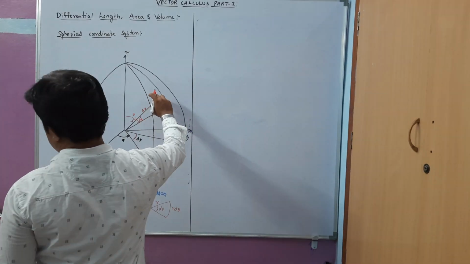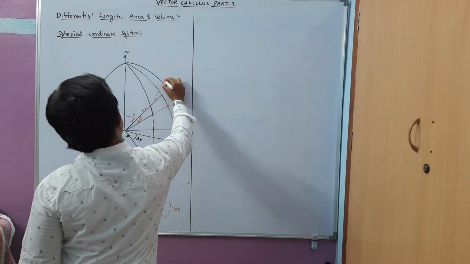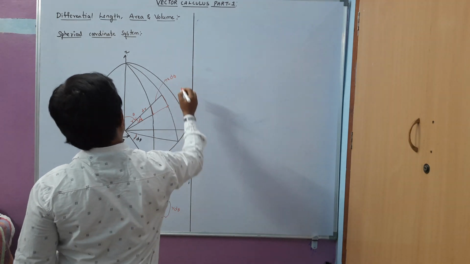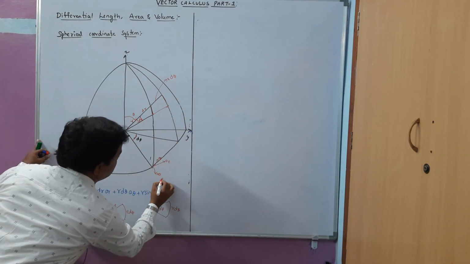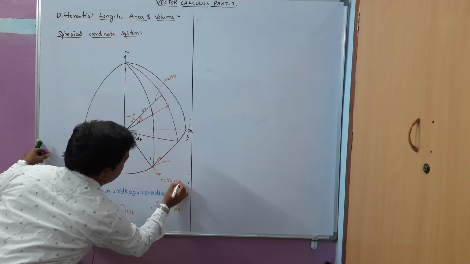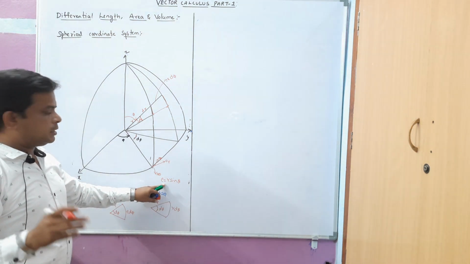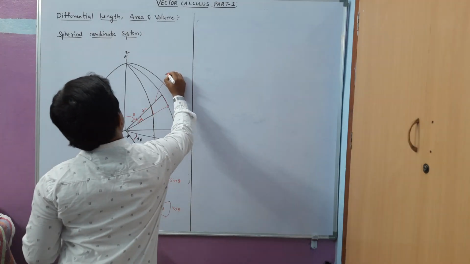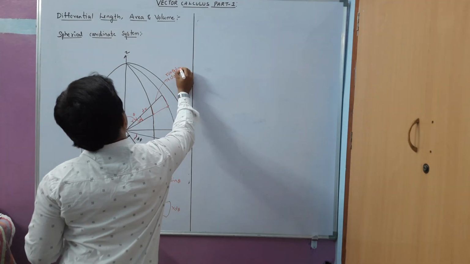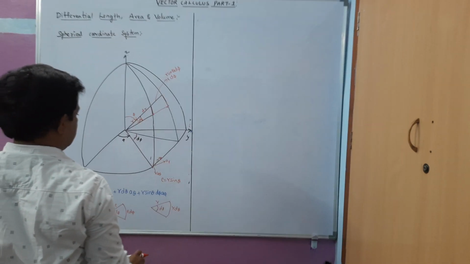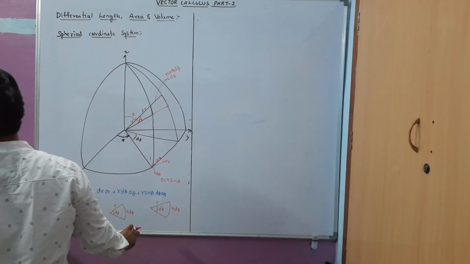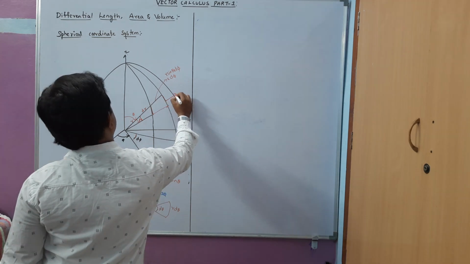Where rho is r sin theta, from the conversions we already saw between the cylindrical, Cartesian, and spherical coordinate systems. So I can write r sin theta d phi, and similarly we have r d theta.